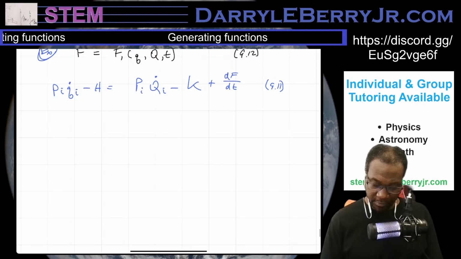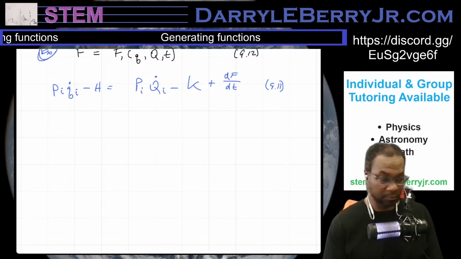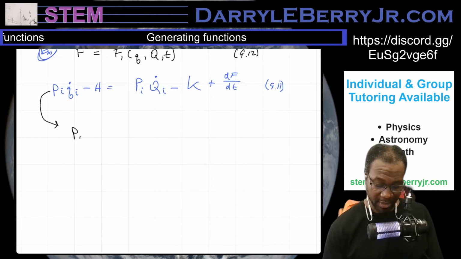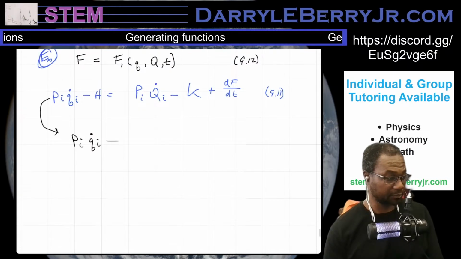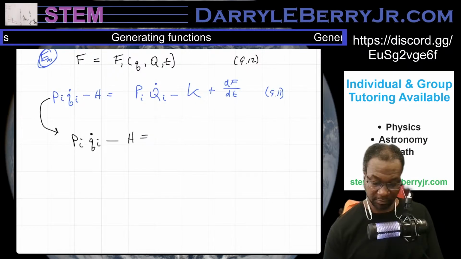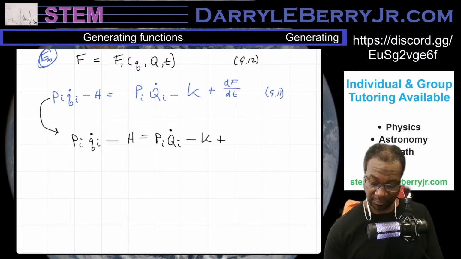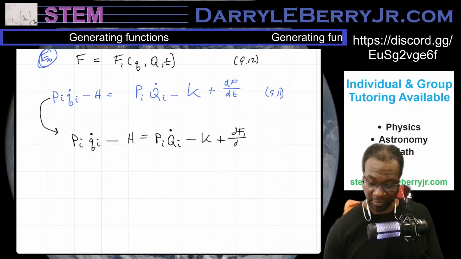So this becomes p_i q_i dot minus H equals, here everything seems to be the same, minus K plus dF1/dt.